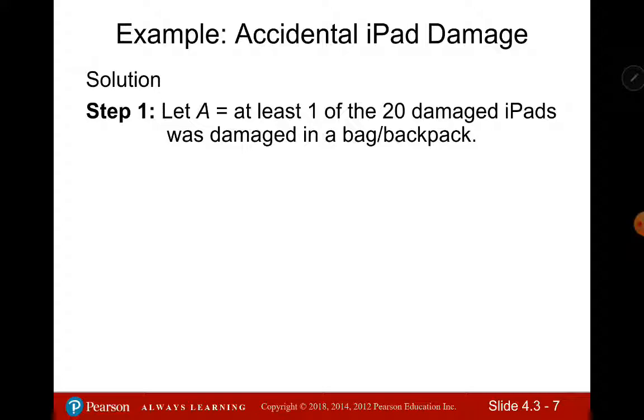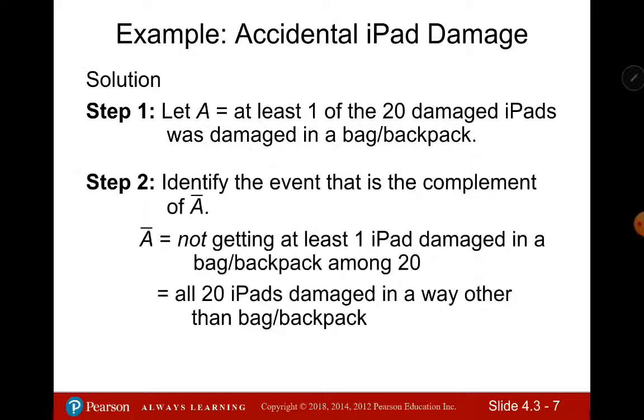Step 1. We set at least 1 out of 20 damaged in a backpack as event A. So event A will be at least 1. Then second step, remember, we should find the opposite, the complement of event A. What is A bar?